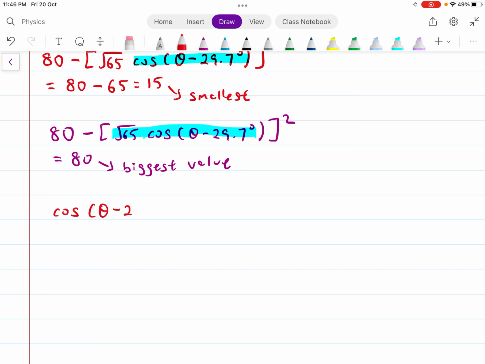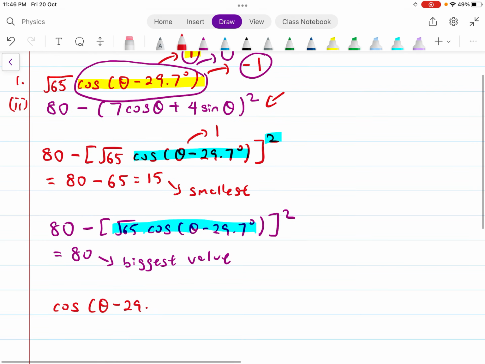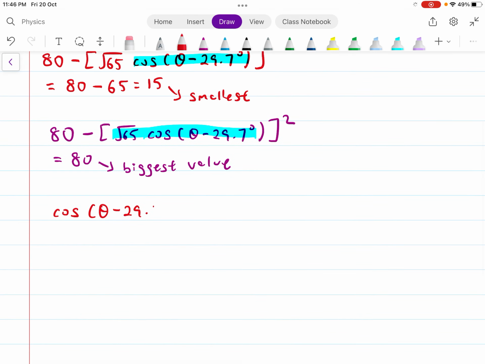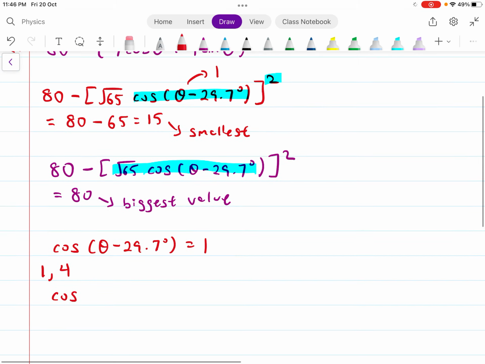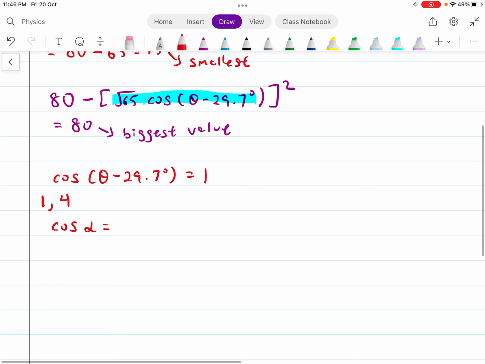Because it's 1, we need to consider the first and fourth quadrant. The second step is to determine your basic angle: cosine alpha is equal to 1. So your alpha is equal to 0 degrees.